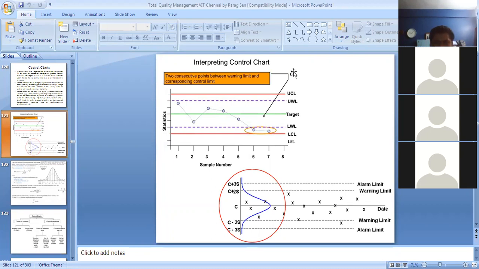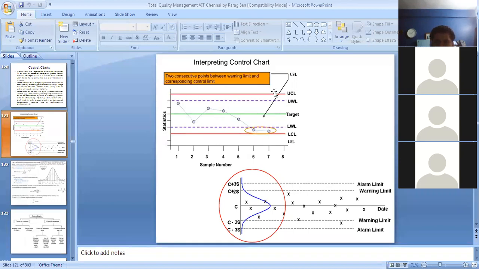Suppose this is the upper specification limit, and this is your lower specification limit. Now suppose your control limits, that means your actual process spread, is within the specification limits domain or within the allowable process limit, but you do not know the central tendency.